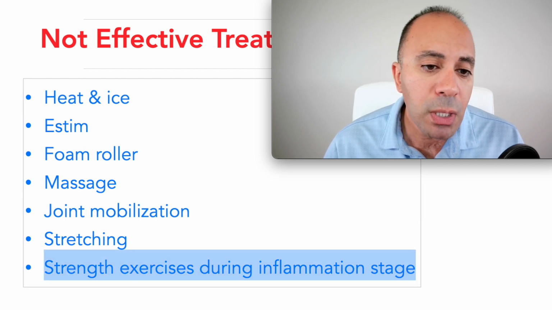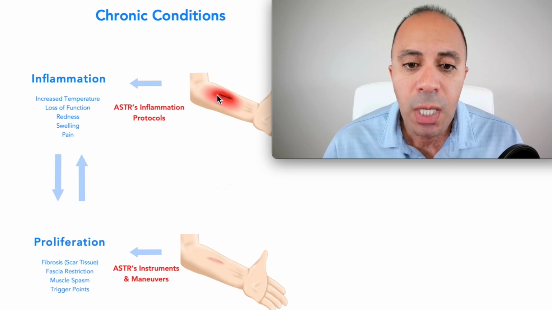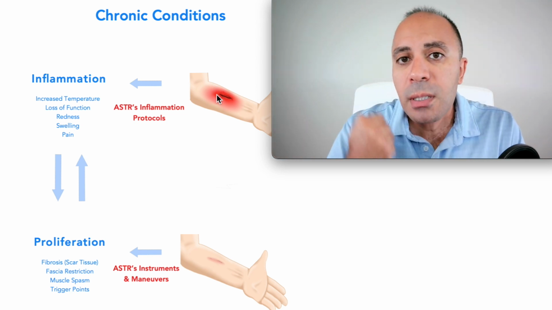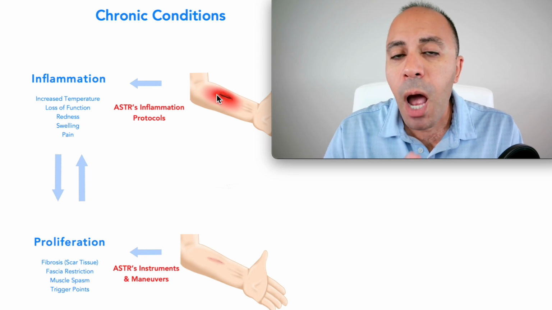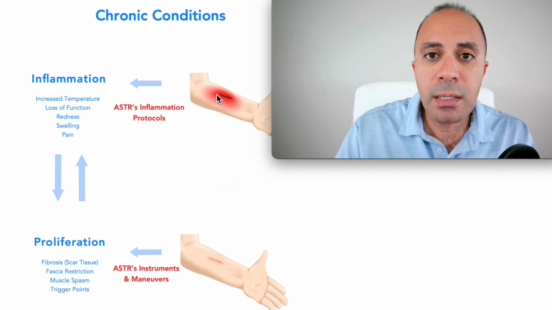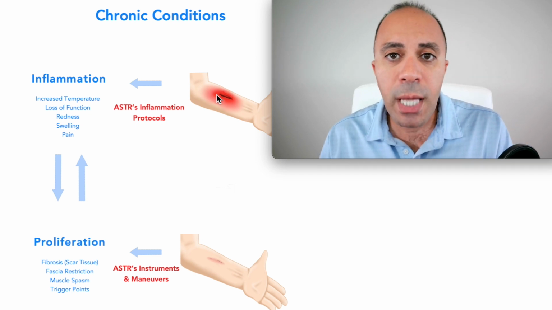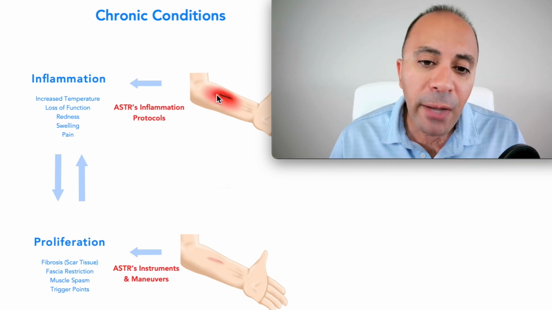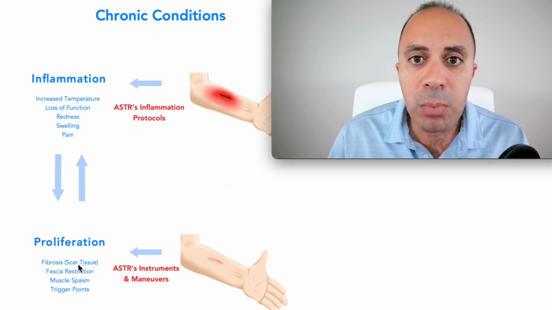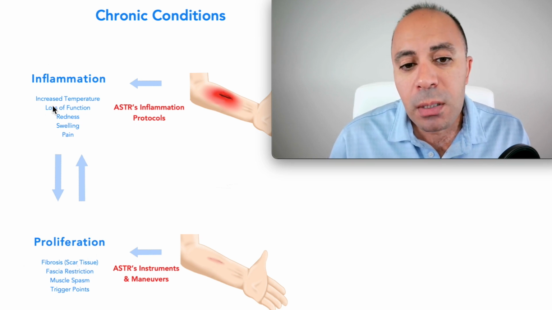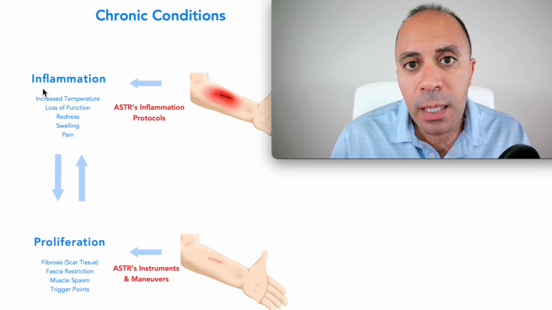The other thing that's commonly used is strengthening exercise, but the problem is when you start to do that during the inflammation stage, you start to strengthen, that will cause more inflammation. But there's a better option than strength exercising, called function training, and I usually introduce that after breaking this vicious cycle of inflammation and proliferation. Strengthening exercise is not going to decrease the inflammation.